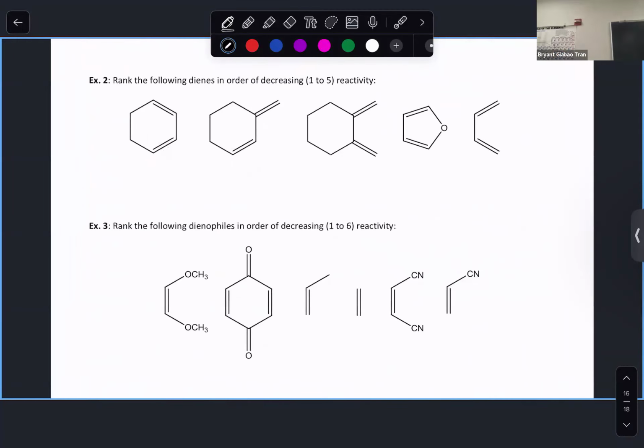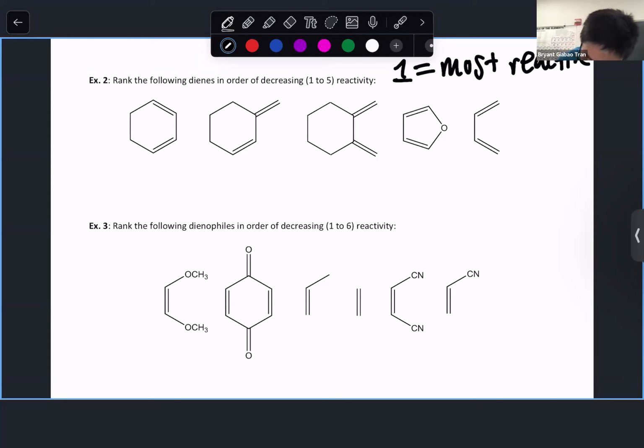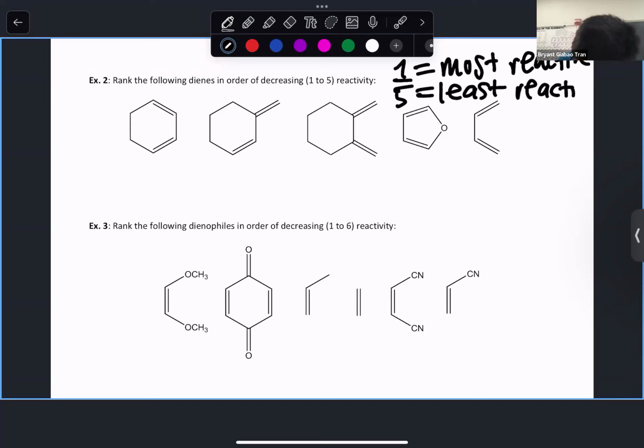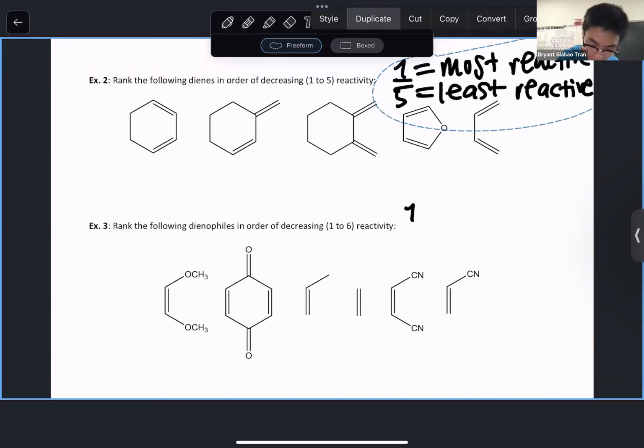For this problem, they gave us a list of dienes, and we have to rank them from decreasing reactivity, where 1 is going to be your most reactive diene, 5 is going to be your least reactive diene. And for the second problem here, we're going to rank dienophiles, where 1 is going to be the most reactive dienophile, and 6 is going to be your least reactive dienophile.